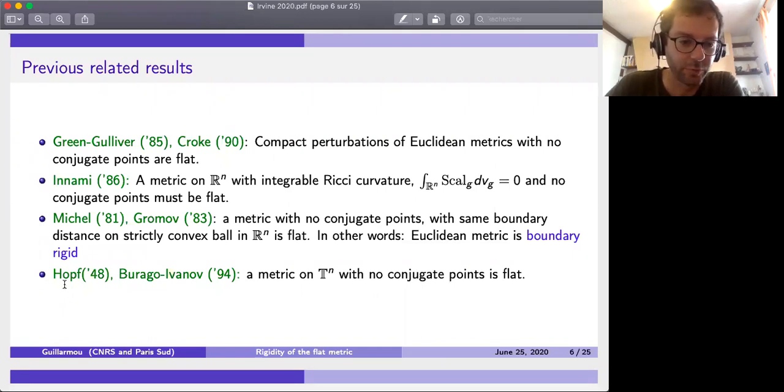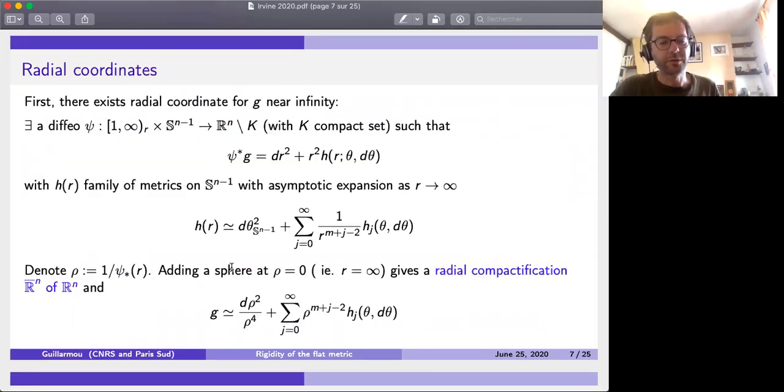So Hopf proved it for dimension 2, and Burago-Ivanov in a famous paper proved it later in any dimension, much later actually. There are also some other results for a cylinder of this type by Burns and Knieper, for instance.